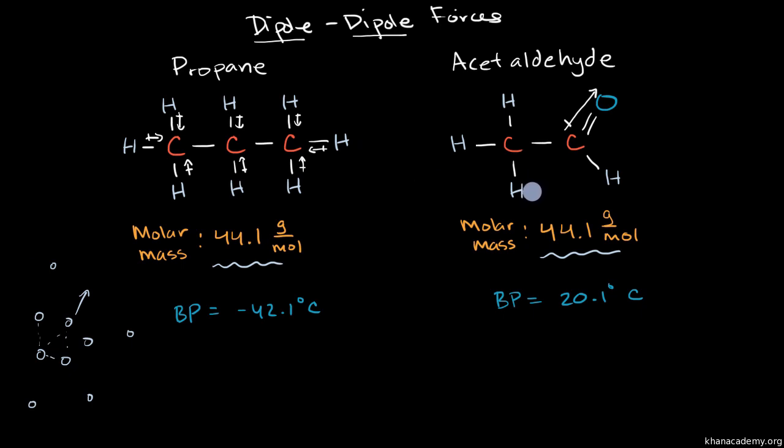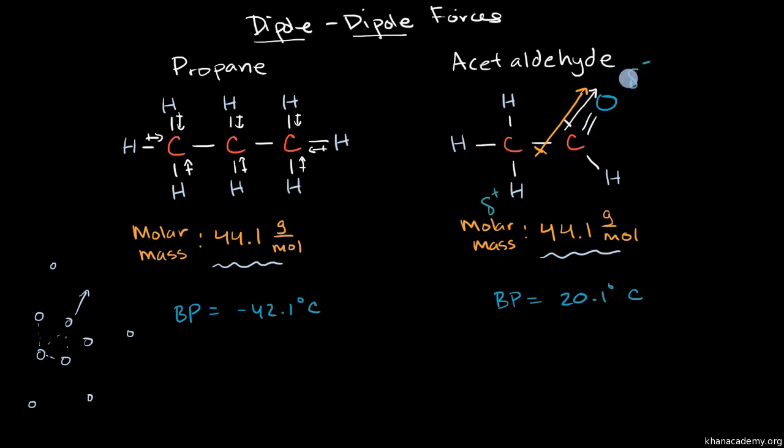It'll look something like this, and I'm just going to approximate it, but we're going to point towards the more negative end, and I'll put this little cross here at the more positive end. And so you would expect a partial negative charge at that end and a partial positive charge at this end. And so what's going to happen if it's next to another acetaldehyde?